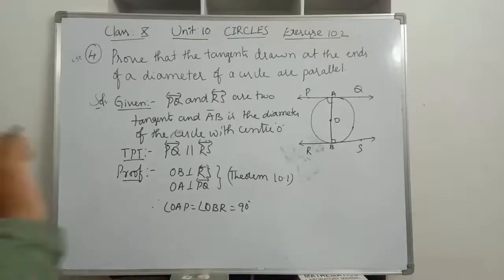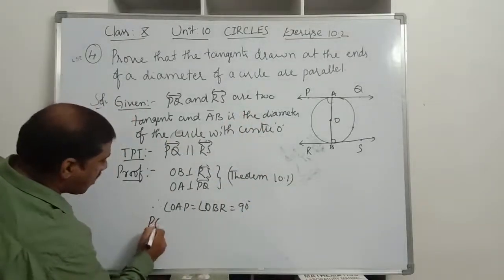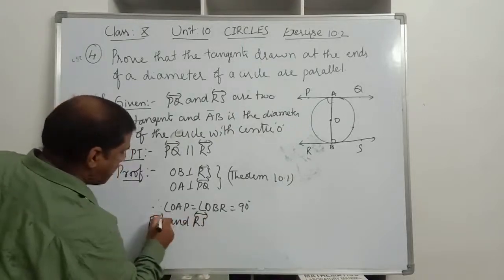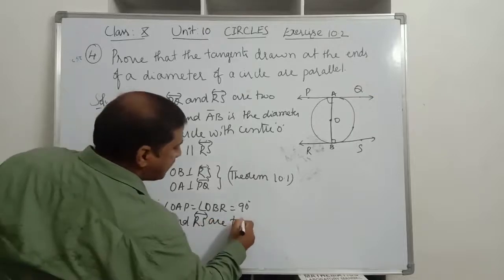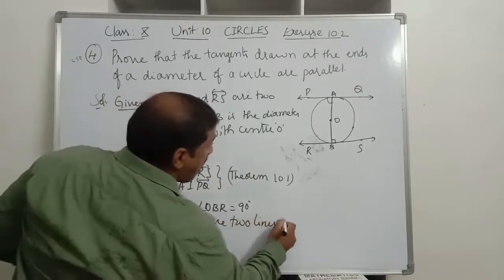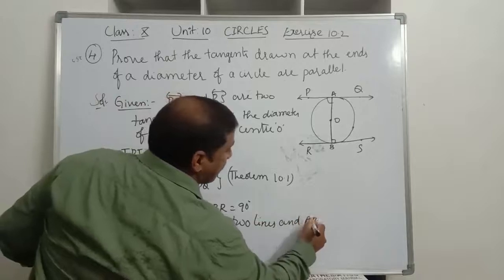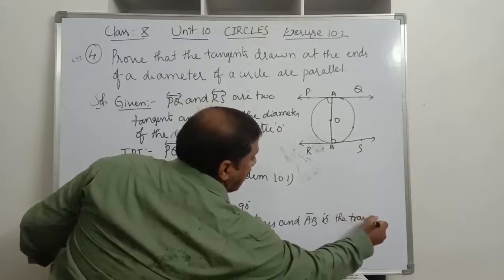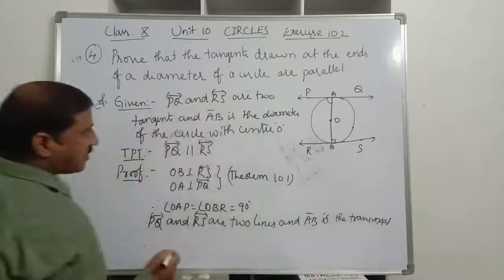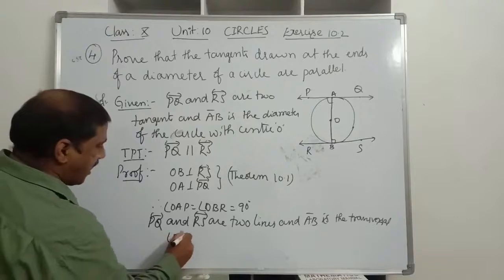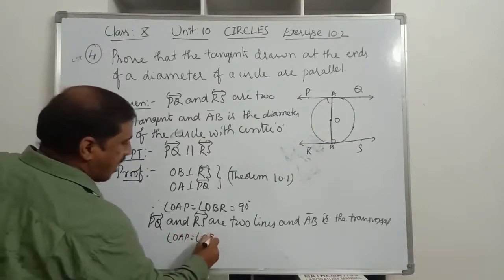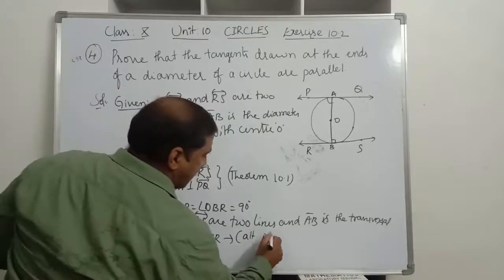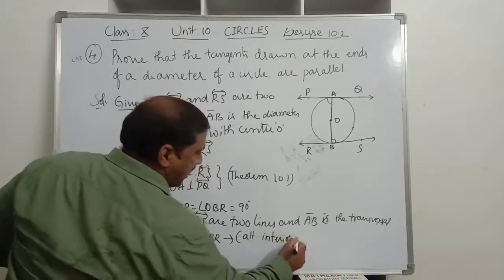Both are equal. Now PQ and RS are two lines, and AB is the transversal. Angle OAP is equal to angle OBR, so the alternate interior angles are equal.